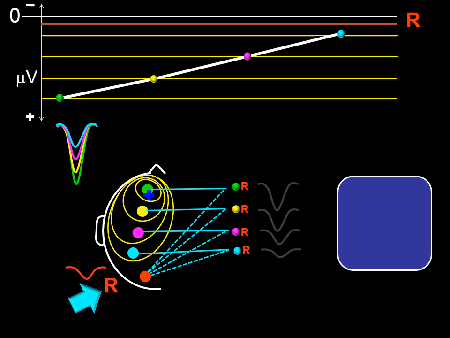I'd like to draw your attention to the reference electrode at the isopotential map. In this frame, I am representing in the blue box the brown wave, that is the reference wave. I am representing this wave with an opposite polarity from the one present in the proximity of the isopotential map. I have done this to indicate what happens when the wave reaches input 2 of the differential amplifier.